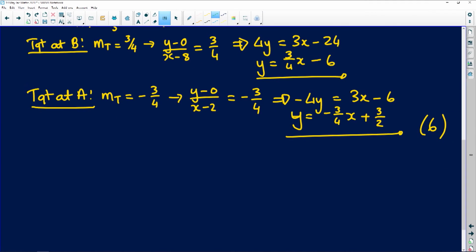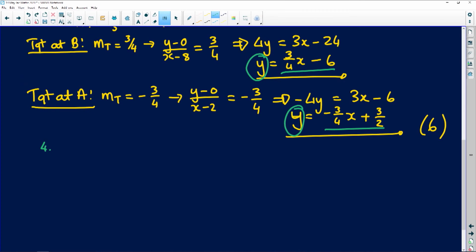And what's beautiful already, if you look carefully, I have y isolated already. So all I need to say is that this side must equal that side to find the x value for this.